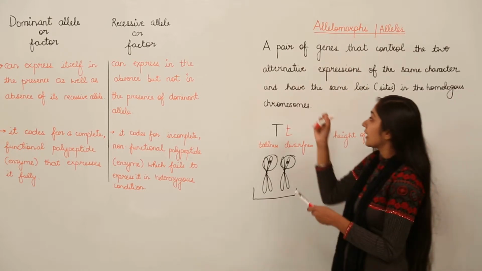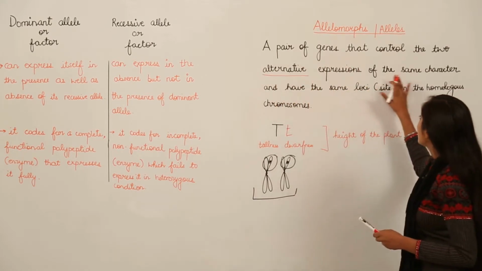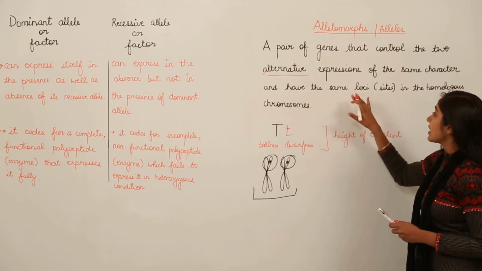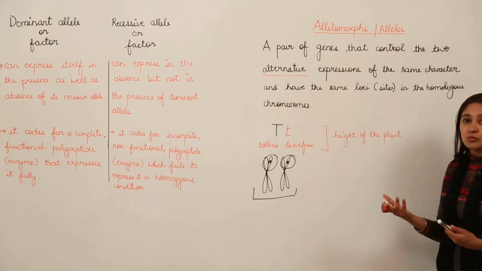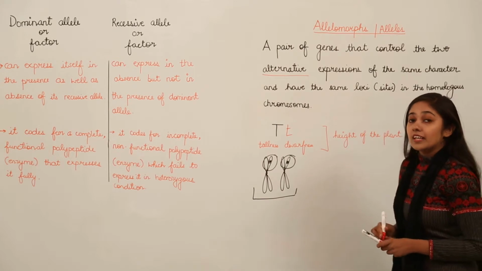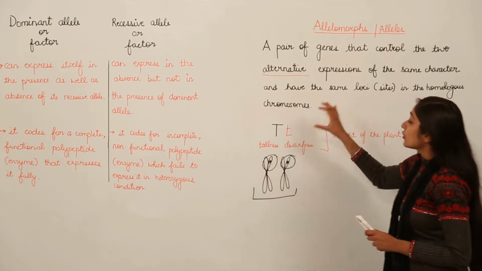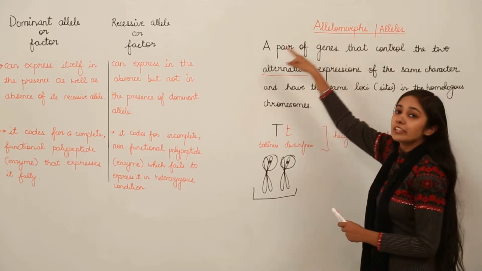Now remember the word, that is alternative expressions of the same character and have the same loci or sites in the homologous chromosomes. But nowadays, if we talk about alleles, we don't always talk about alternative expressions.